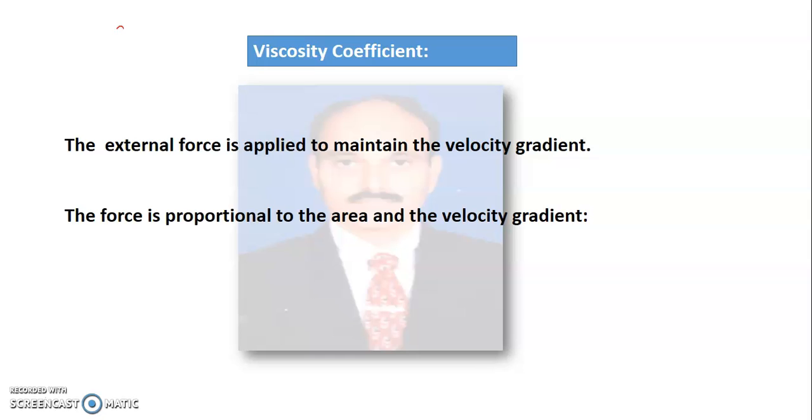In order to maintain this velocity gradient, an external force can be applied. Then the force is proportional to the area and the velocity gradient. Area means the area of the layers of the liquid, and the velocity gradient means the velocity gradient of the two layers. Now I can show you how to express that with an equation.